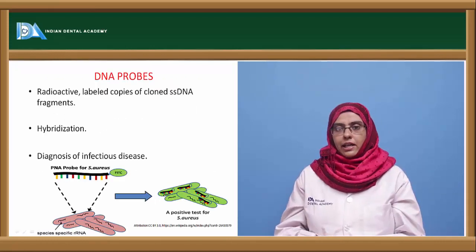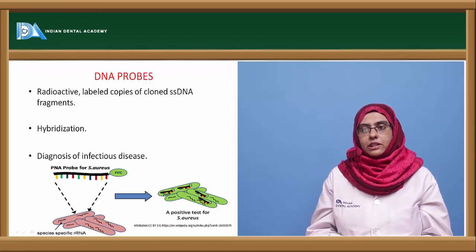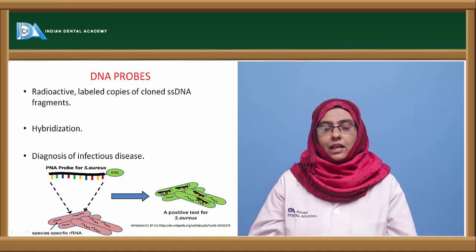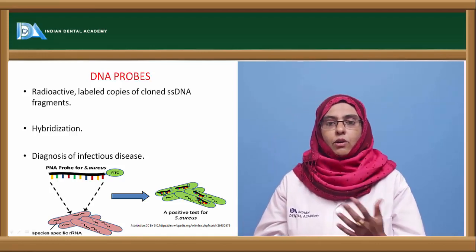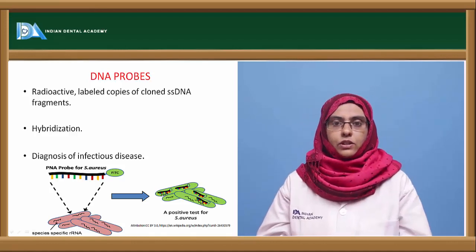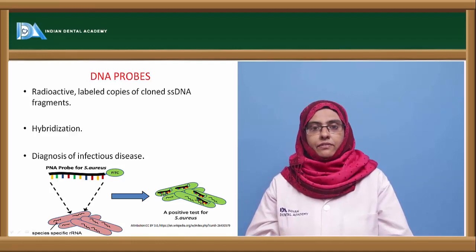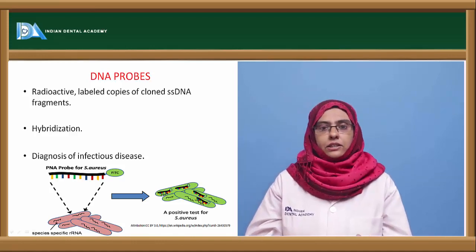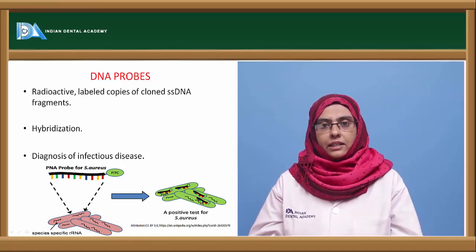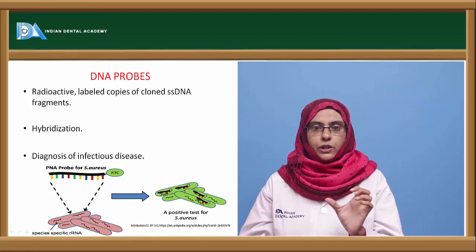So ultimately it is ligated. Apart from that, another thing used in molecular biology is DNA probes. DNA probes are single-stranded, radioactively labeled complementary copies of a particular length of a DNA molecule, usually about 20 to 25 nucleotides, mostly used to identify the antigen of infectious diseases. Antigenic characters are usually determined by the DNA molecule.